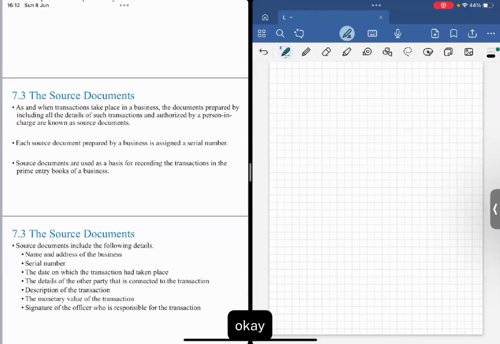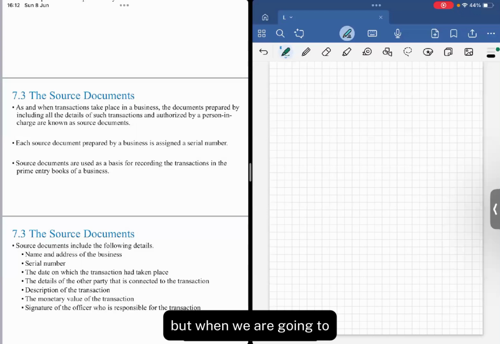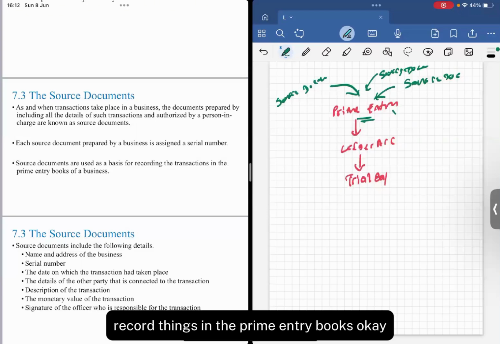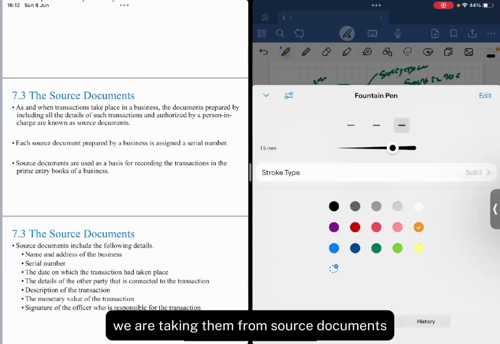Okay, so we said we now record things in prime entry books first, then ledger accounts, and then the trial balance. But when we record things in the prime entry books, we are taking them from source documents.